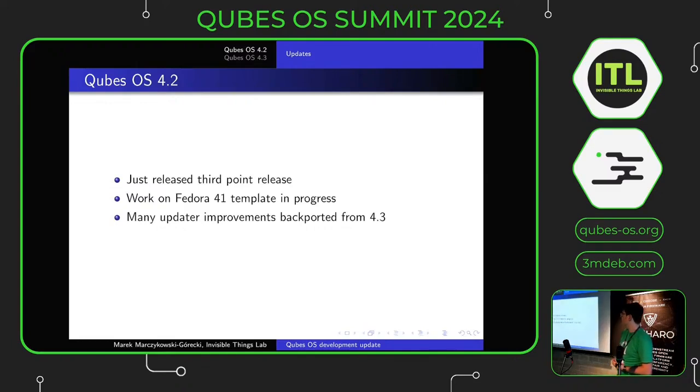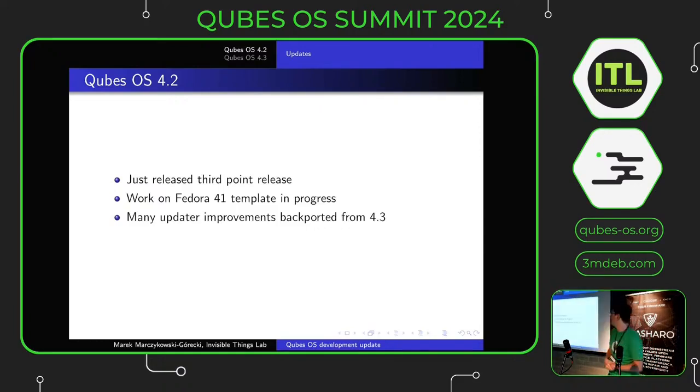There is some work in progress on the Fedora 41 template. Fedora 41 is currently in beta, if I remember correctly. So there is no official release, so there is also no official template yet.